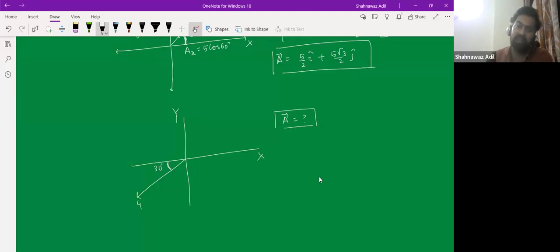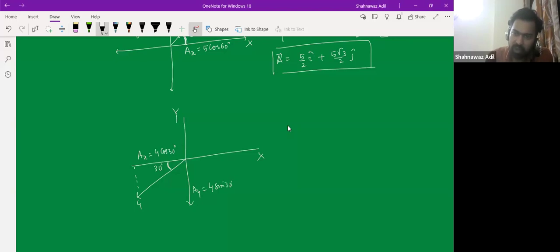Okay, I'll ask the question later, but let's solve this first. So the x component would be 4 cos 30, and the y component is 4 sin 30.